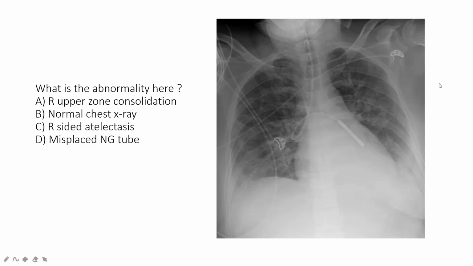As you can see, the NG tube is coming down, it's coming through the thorax in the midline, which is fine. Then it goes into the right bronchus, it curves there, and then it goes through the left bronchus and into the left lung. So this is something that you will see very regularly when you start a foundation program.